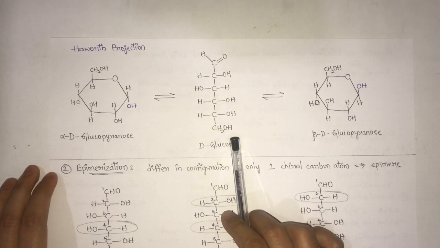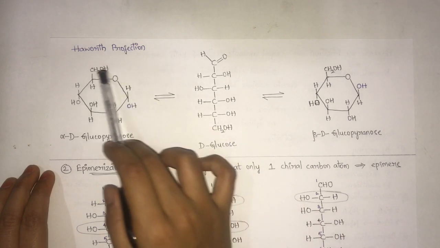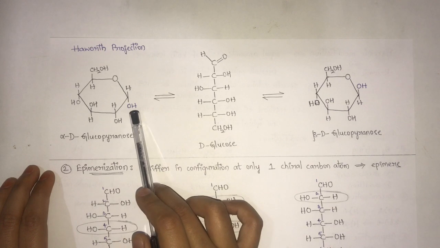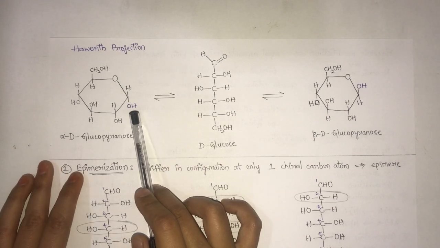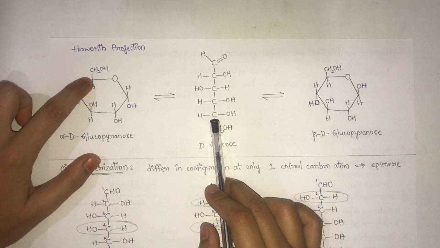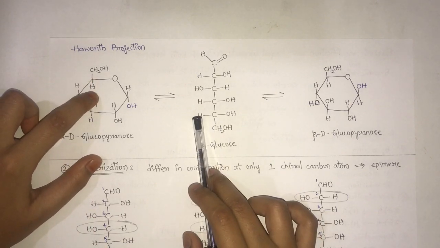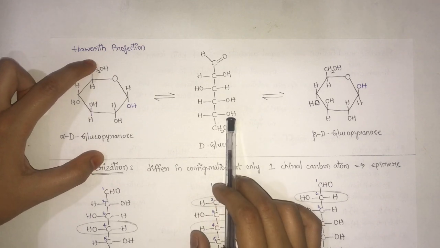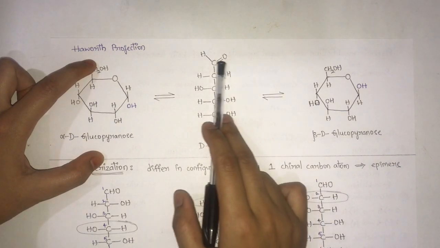But coming to the Haworth projection, you can see the pyranose structure, a 6-membered ring with oxygen. So how can we write this structure? Here the last but one carbon is this carbon, which has hydrogen and an alcohol group, and this oxygen is forming a hemiacetal.